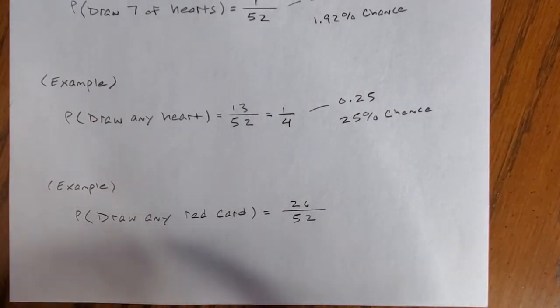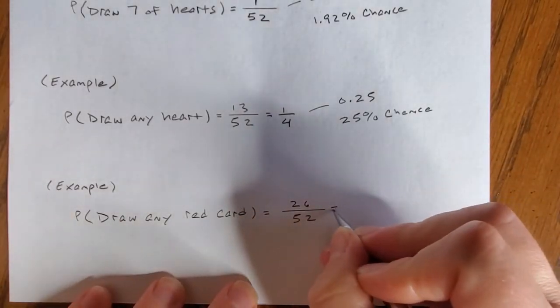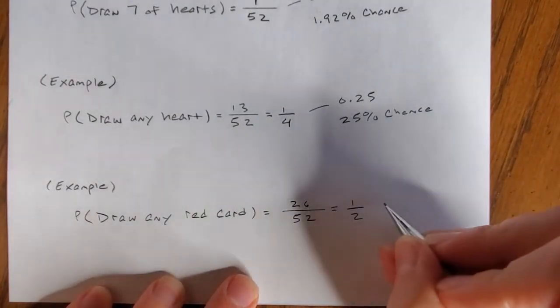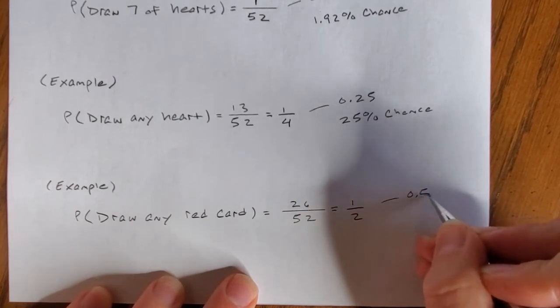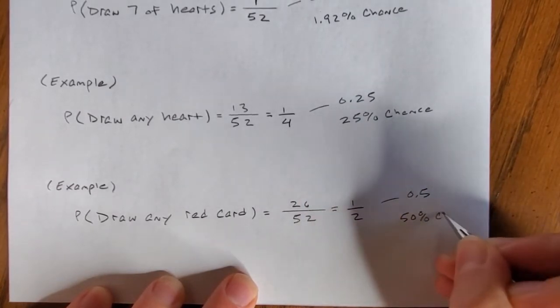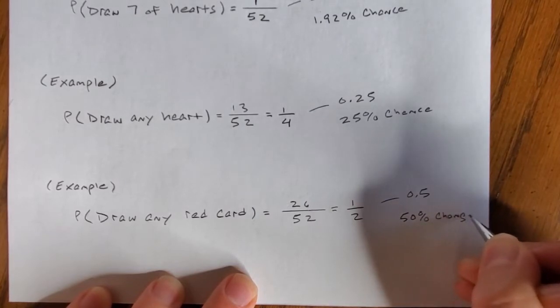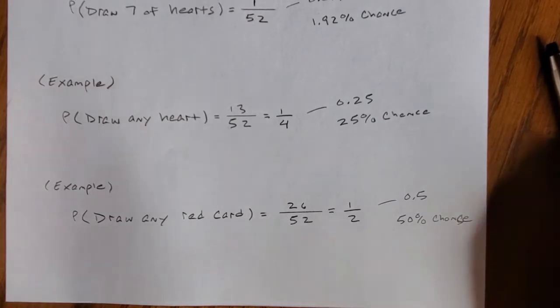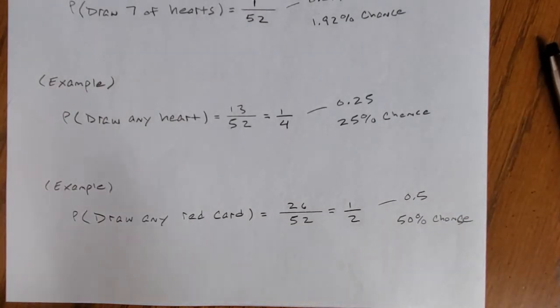That reduces to 1 out of 2, which is 0.5 as a decimal, or a 50% chance. So my odds are getting better.